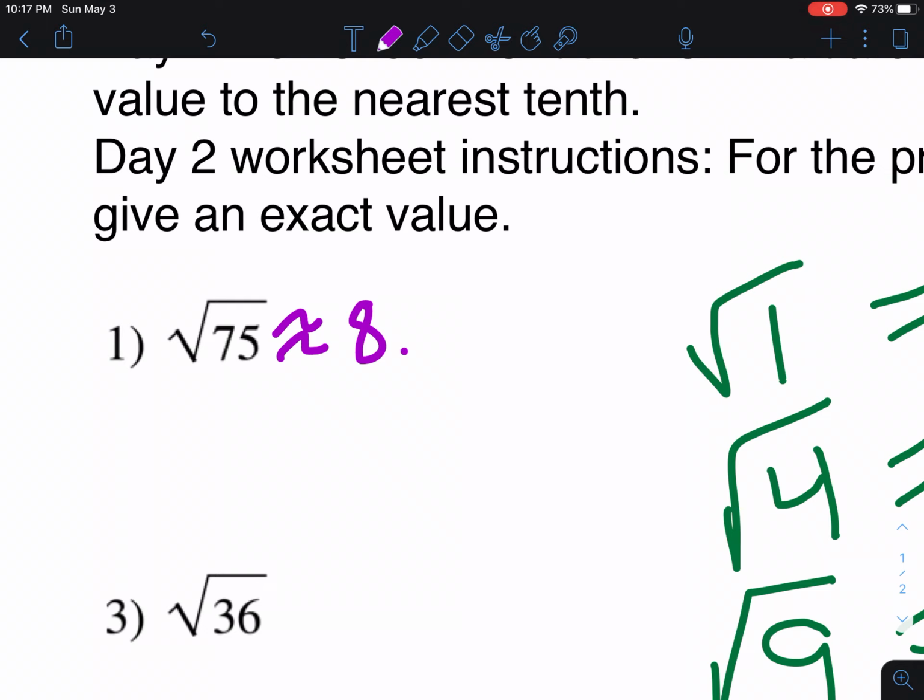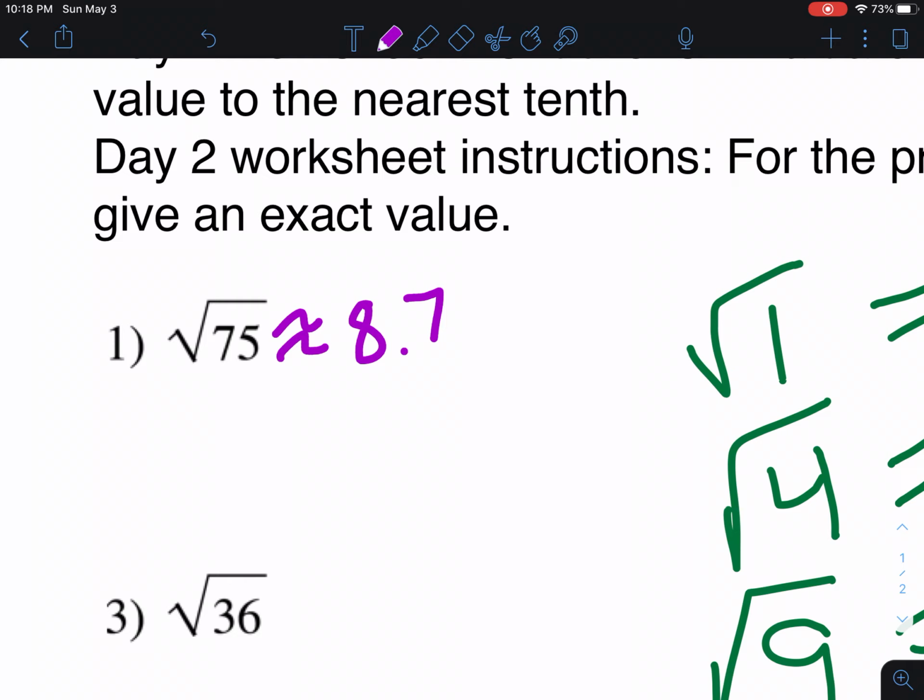And since it was only 6 away from 81, and it was 11 away from 64, it's going to be closer to 9 than it is to 8. So our estimate is going to be closer to that. So I'd go with like 8.7 or 8.8, something like that. I'm going to go ahead and go with 8.7.